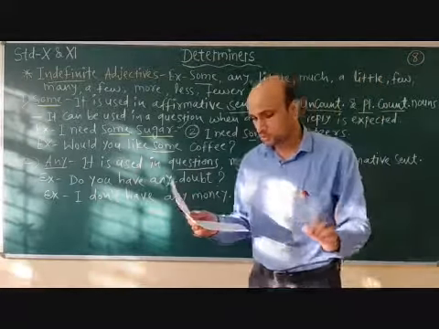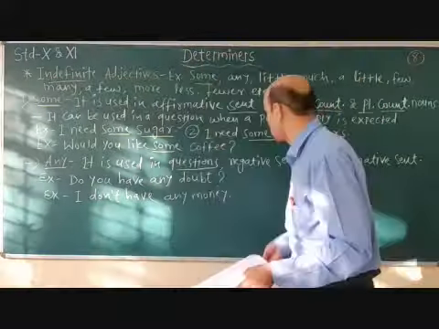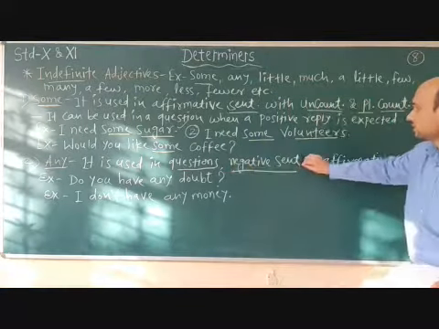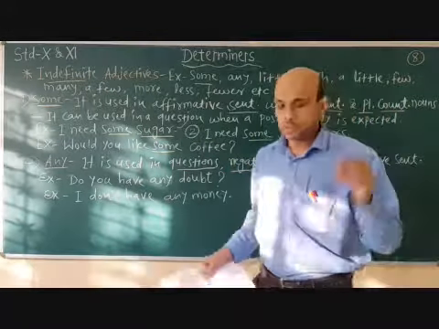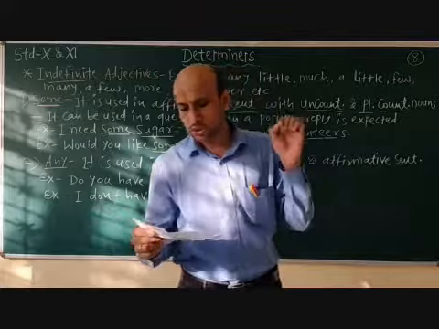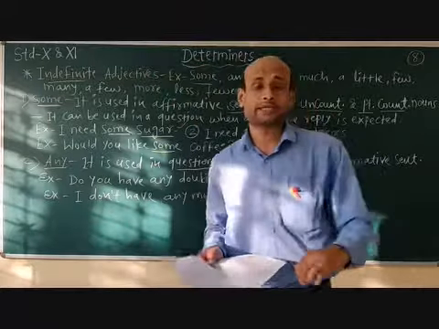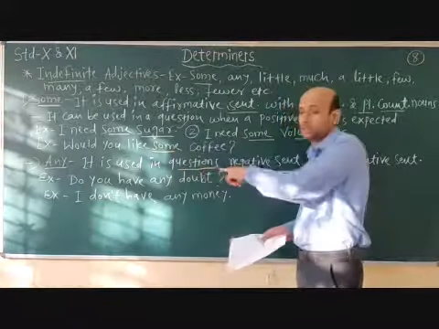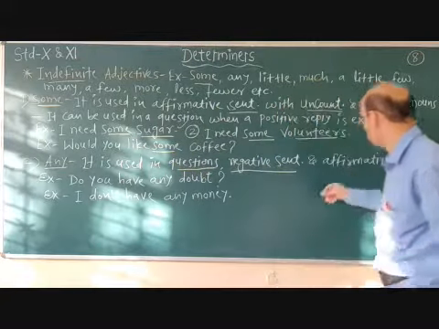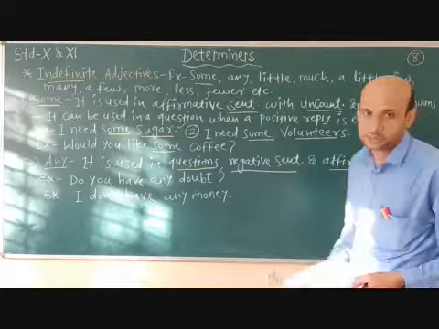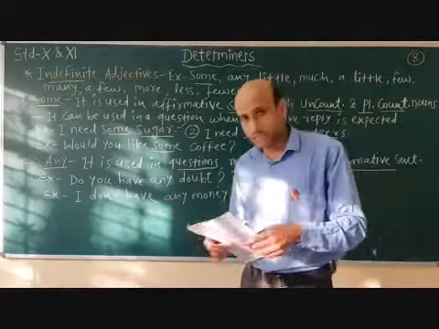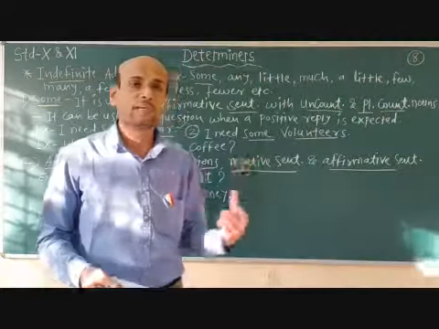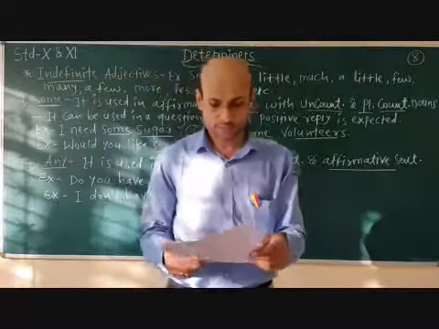Next, use in negative sentences. In negative sentences, to say that something does not exist, we can also use this determiner any. One more thing, in affirmative sentences. We have seen question and negative, and one more, affirmative, that is positive sentences.